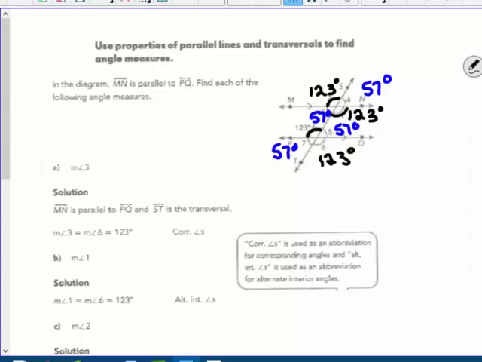So whenever you have two parallel lines cut by a transversal, you will always have 4 angles that are, not always, in case the lines are like this, then they're all 90s, but 99% of the time you're going to have 4 angles that are obtuse, all equaling one measure, and 4 angles that are acute, all equaling one measure.